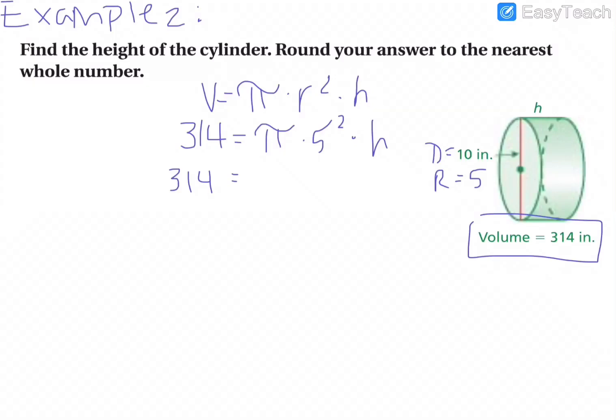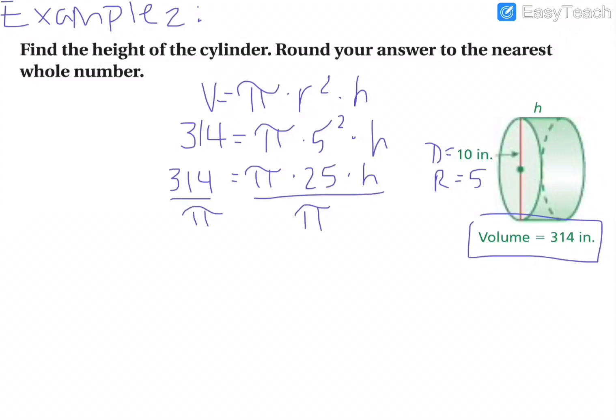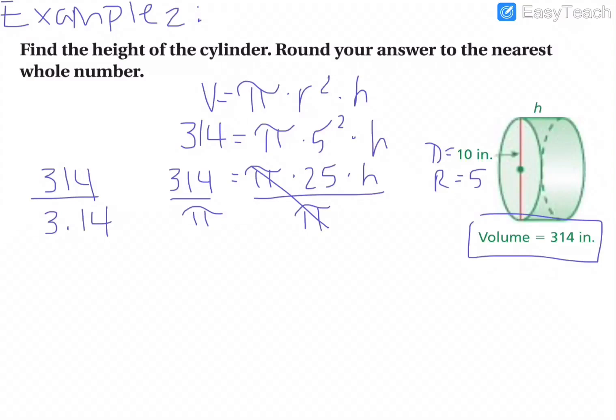Alright, so again, I would strategically multiply, and then I would personally, on this one, divide by pi first, only because this is going to be 314 divided by 3.14. So we know that that's just a play on place value.